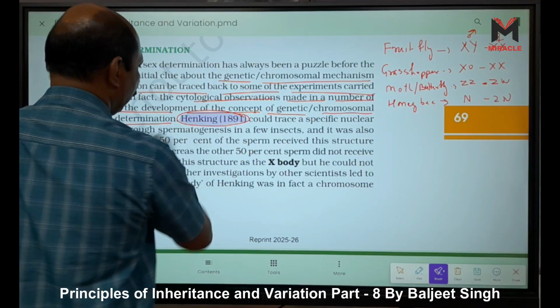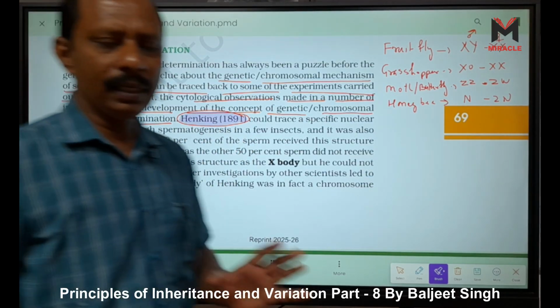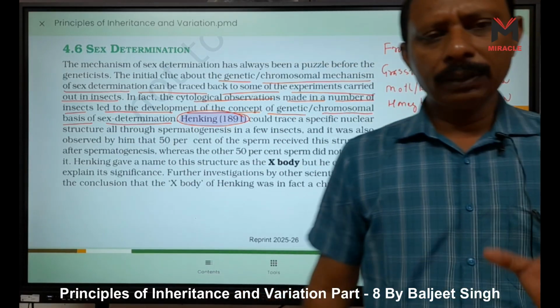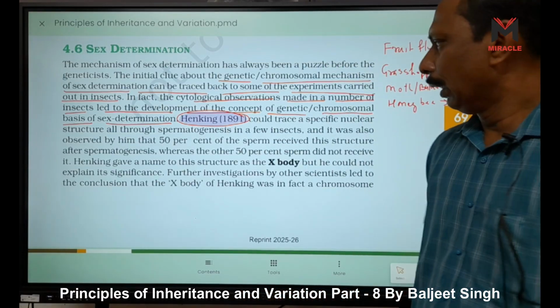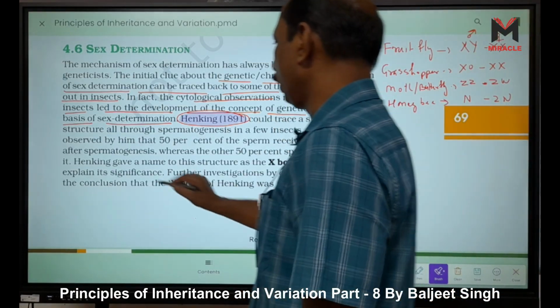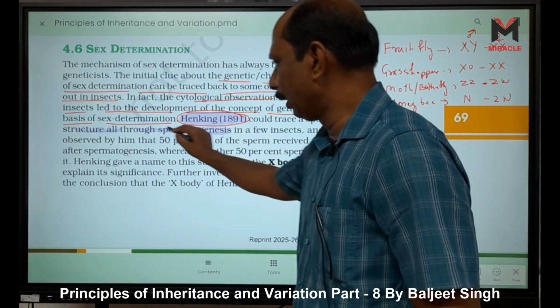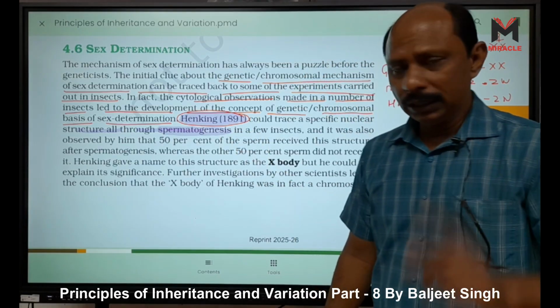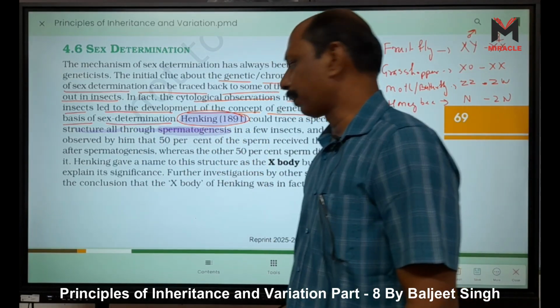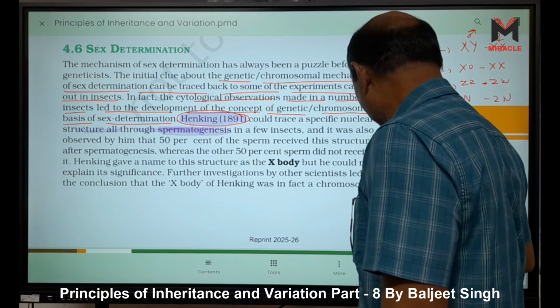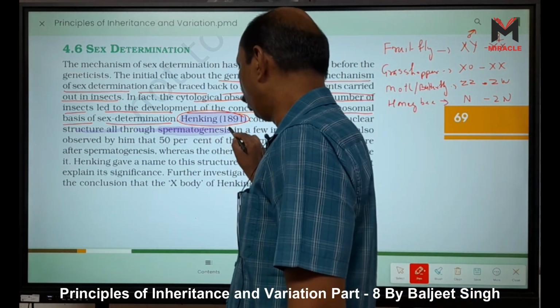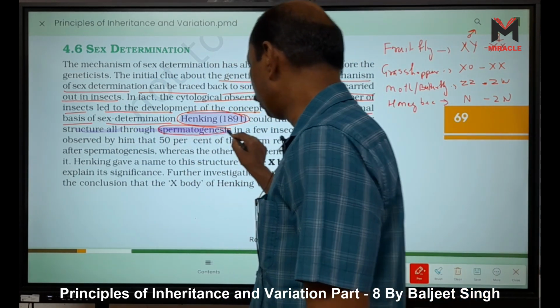In 1891, because Henking is the first scientist who discovered the X chromosome, he could trace the specific nuclear structure all through spermatogenesis. Where? In spermatogenesis. This is very important. Spermatogenesis, not gametogenesis, not oogenesis, but spermatogenesis.